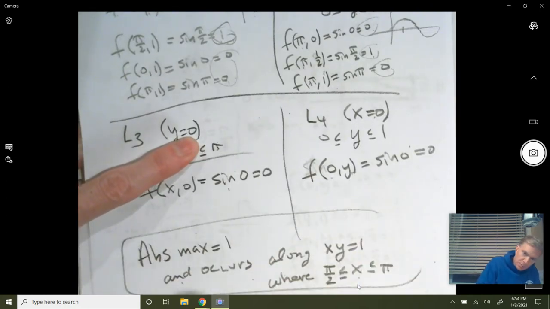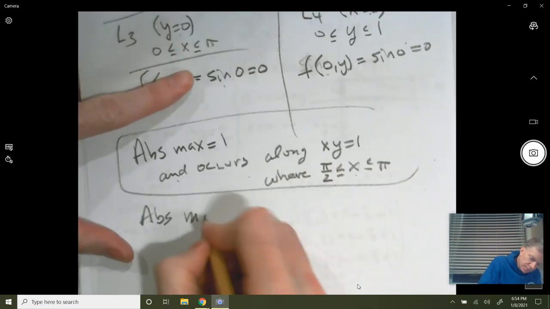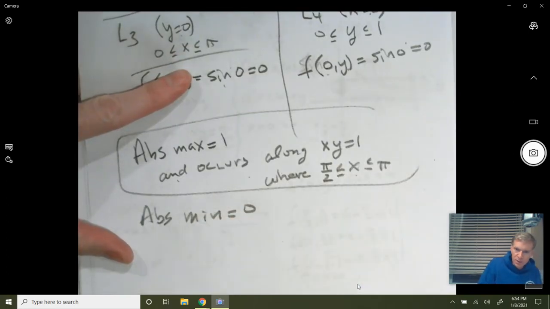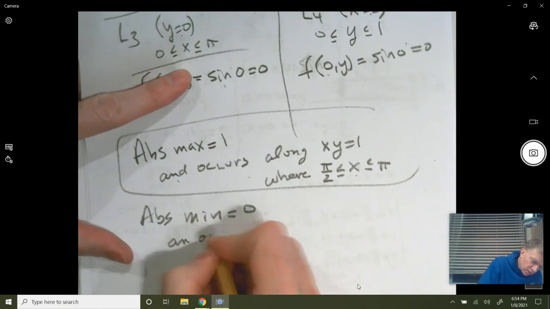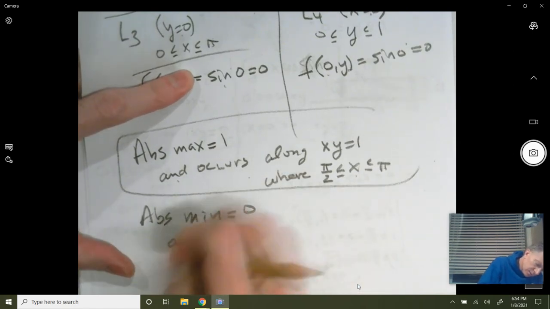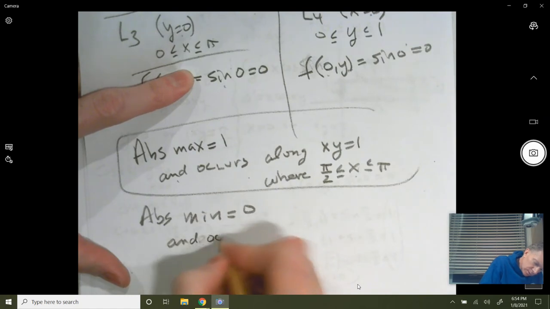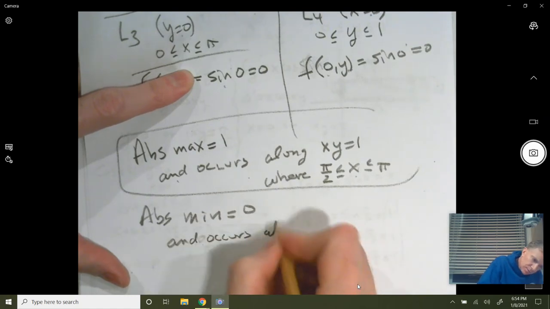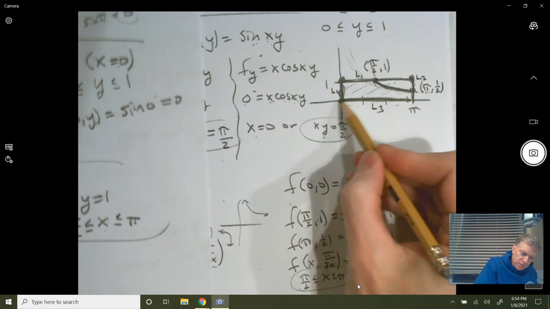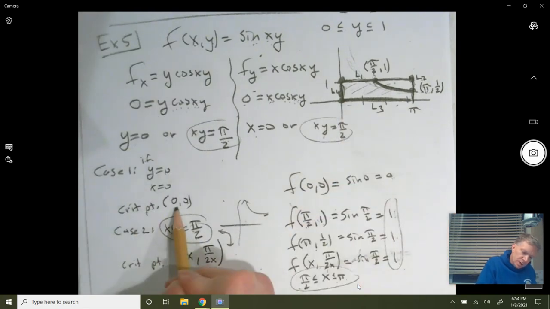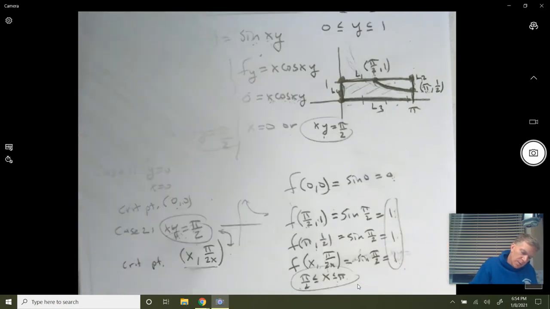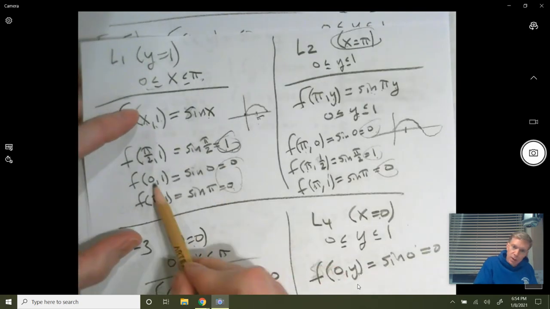Our absolute min is equal to 0. This occurs at a lot of places. Well, we know it occurred at (0, 0). We found that up here. Critical point was (0, 0). F of (0, 0) was 0. It also occurred at (0, 1).